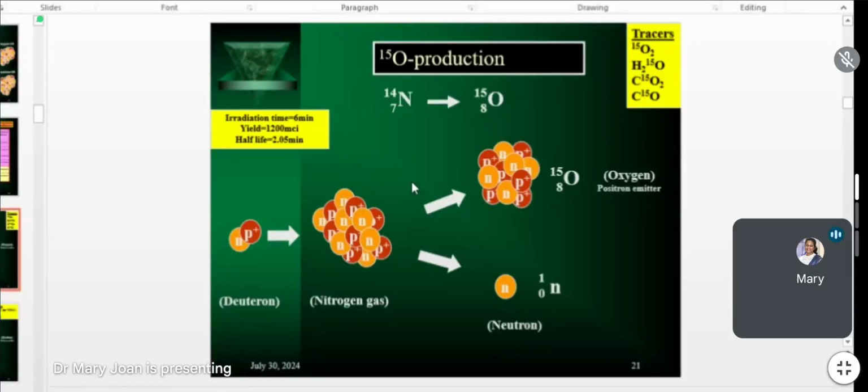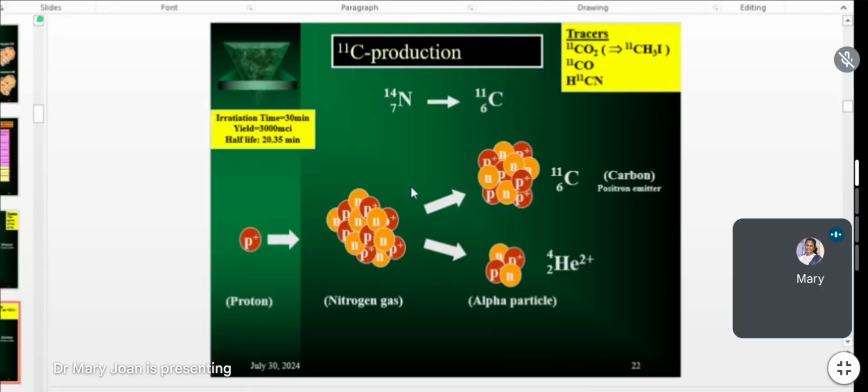The irradiation time is about 6 minutes, and about 12,000 millicurie of oxygen 15 can be produced in one cycle of the cyclotron run, and the half-life of this isotope is 2.05 minutes.